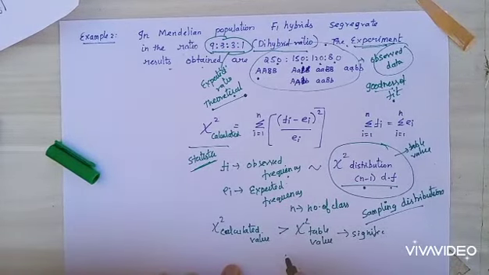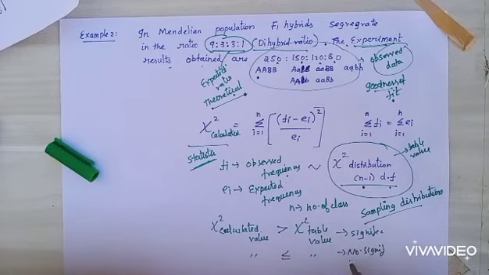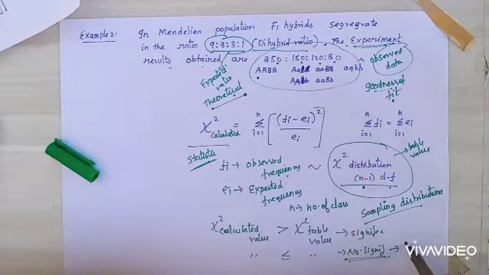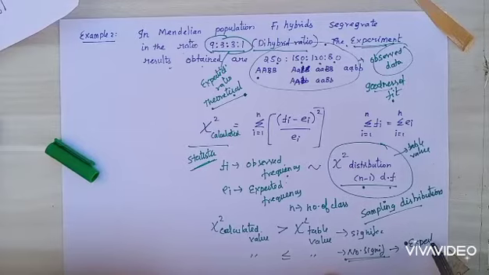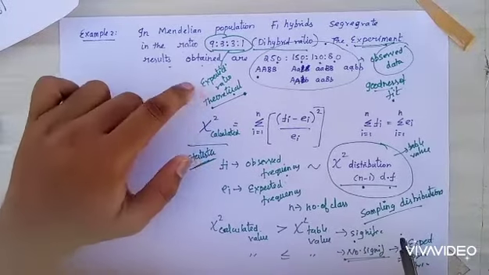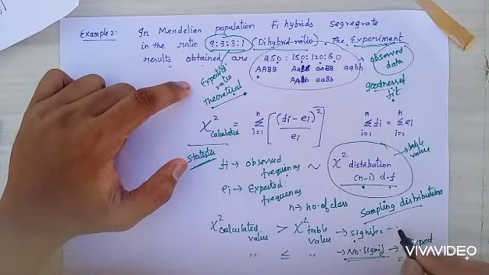If it is less than or equal to the table value, then we will say non-significant. In the non-significant case the expected frequency and the observed frequency are the same. In the significant case they are different.